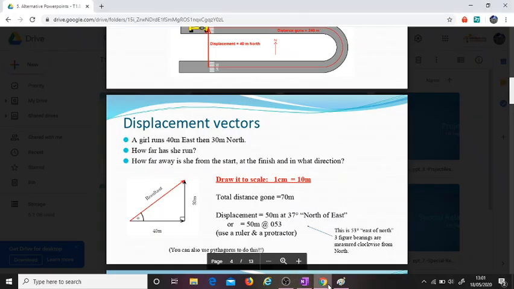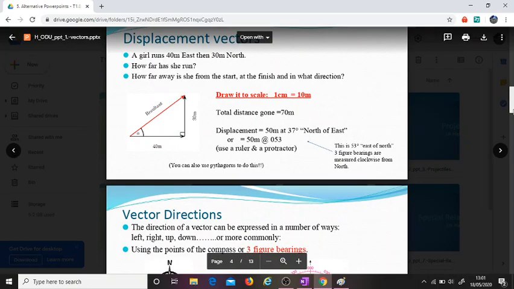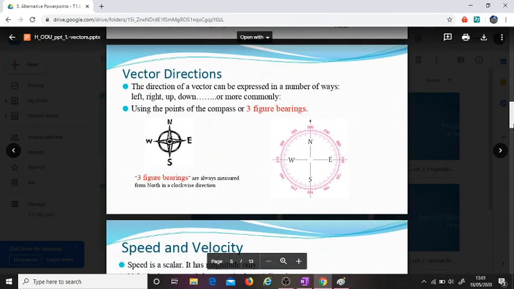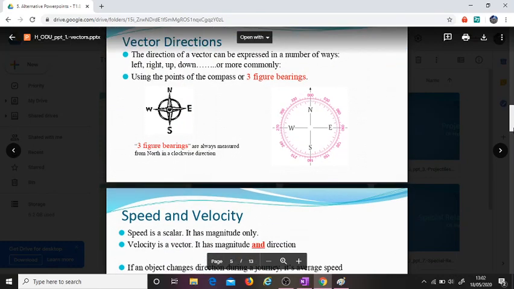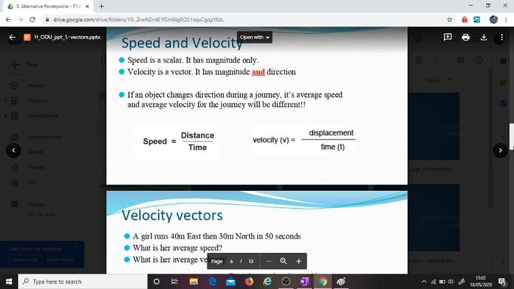So going back, just to double check, that's correct. So 50 metres at 053. I will post the PowerPoint on Google Classroom, so you can have a go or have a look through this at your own leisure. But I just thought I'd do a wee lesson on it.